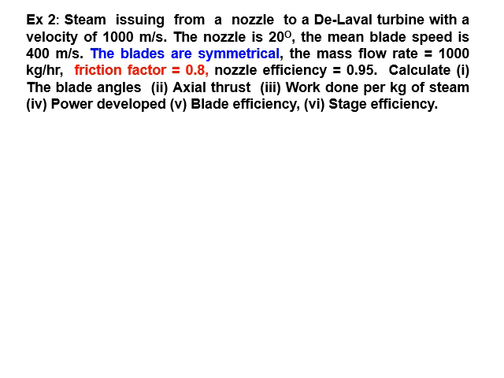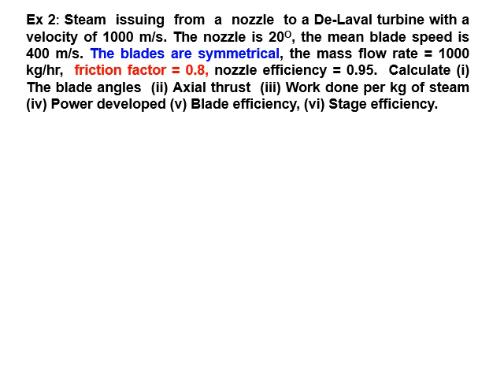The blades are symmetrical. The mass flow rate is 1000 kg per hour. Friction factor is 0.8. Nozzle efficiency is 0.95. Now calculate first the blade angles, second the axial thrust, third the work done per kg of steam, fourth the power developed, fifth the blade efficiency, sixth the stage efficiency.